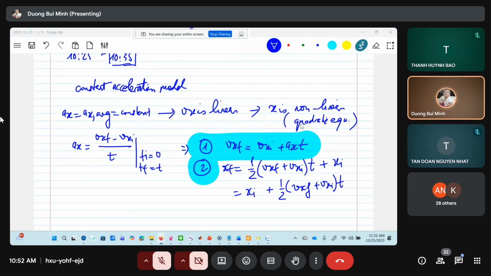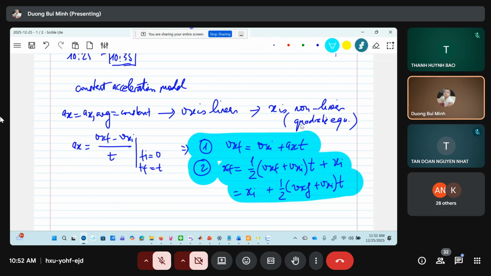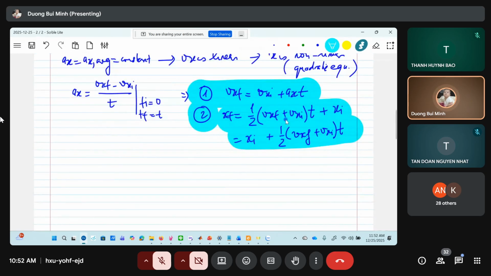Here you have the second equation. Number 3, of course. Totally we have 5 equations, 5 equations you need to remember.